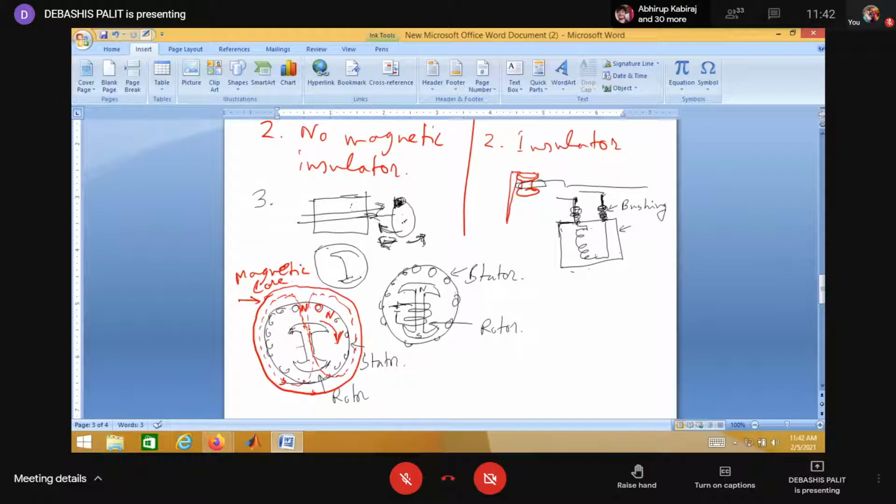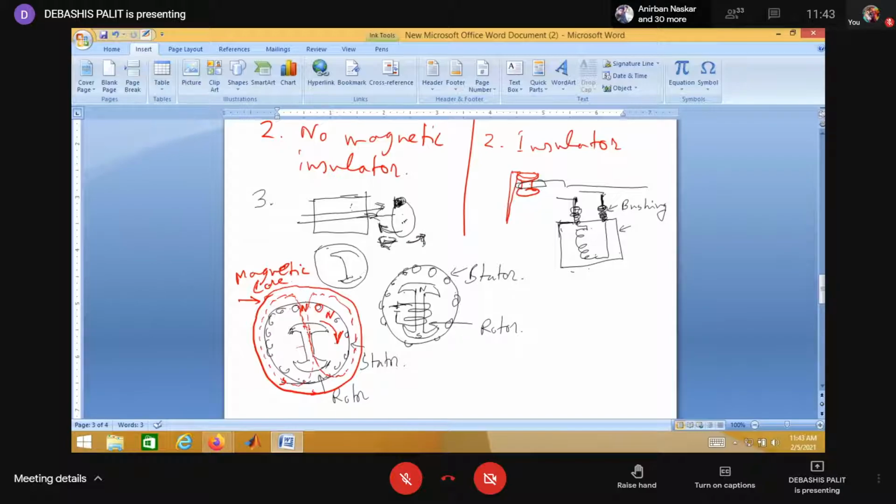And there is a coupling. Coupling means field coupling. The rotor, that is the induced magnetic pole here in the rotor, and the actual magnetic field that is rotating.